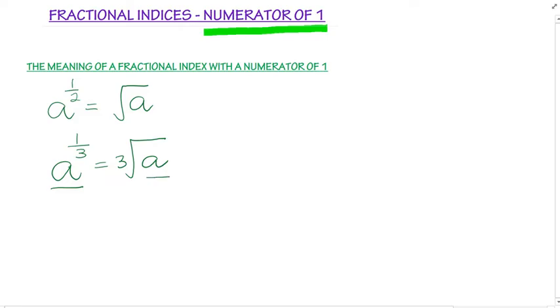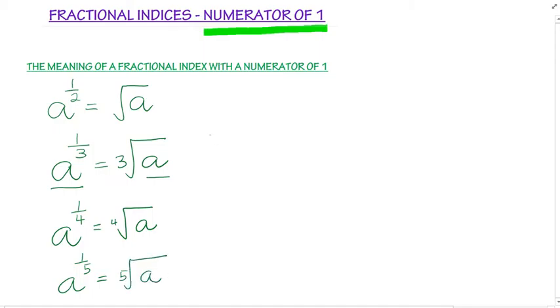Now let's keep going. I'm sure you're able to predict by this time that a fractional index of a quarter implies the fourth root of a number. And one last one, a fractional index of 1/5 implies the fifth root of a number.